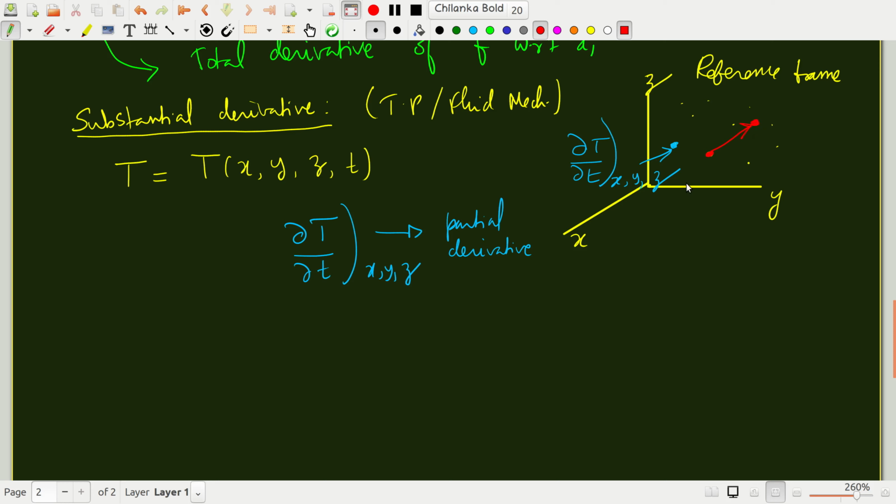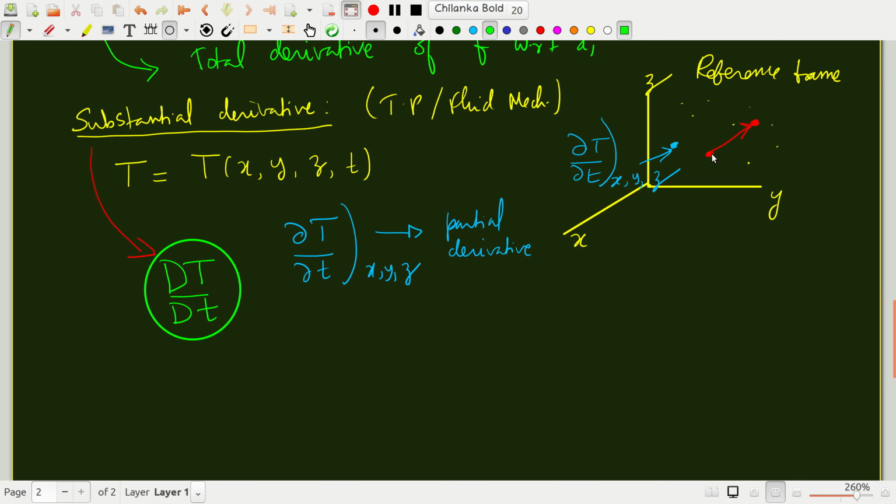That time derivative is called the substantial derivative of temperature with time, and it is given a special symbol, capital D temperature upon D time. This is a very important notion in transport phenomena.